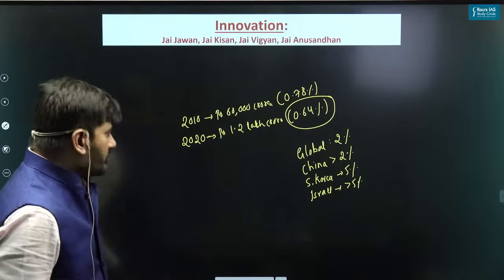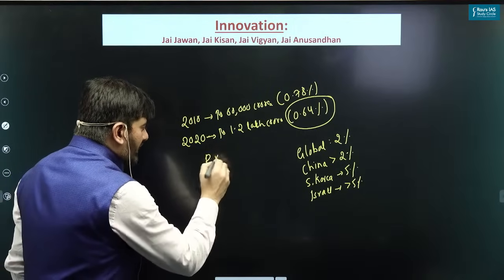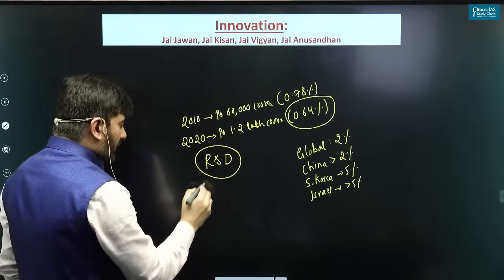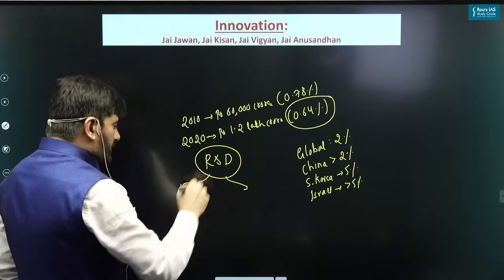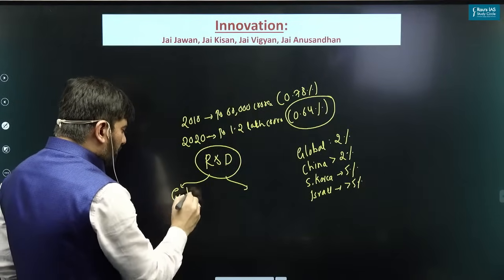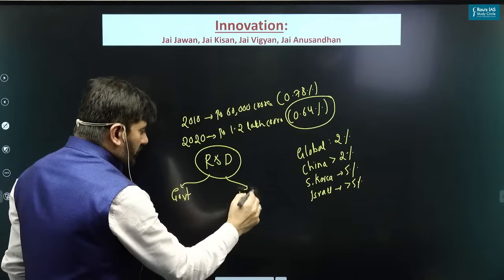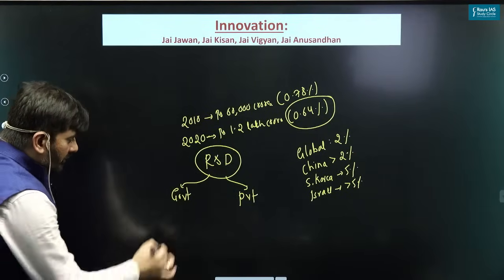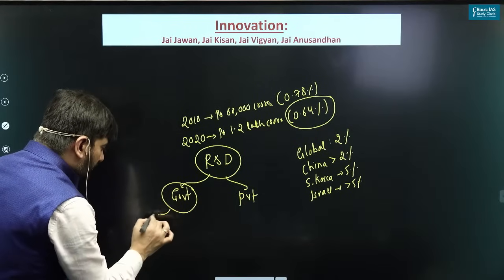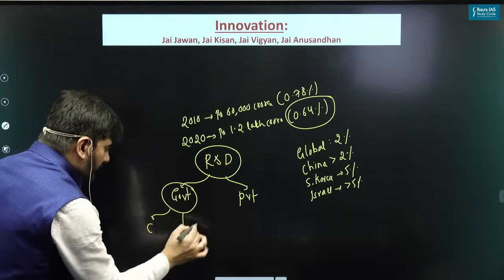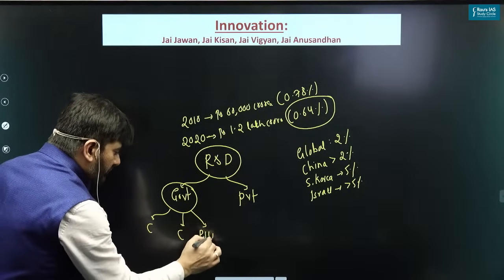Apart from that, if you see the major expenditure on research and development, this expenditure can come from public sector or from the private sector. When I'm saying public sector, it means center, state, as well as PSUs.